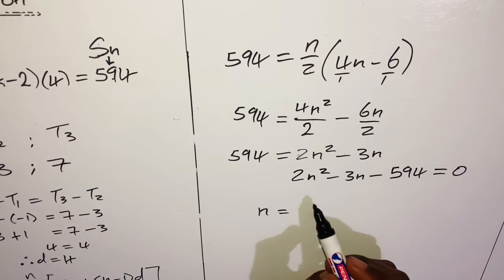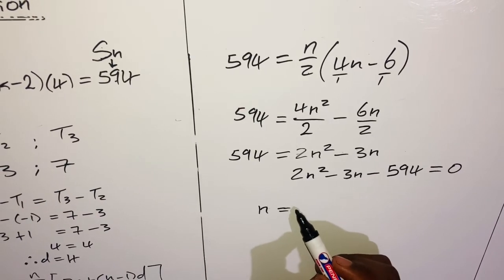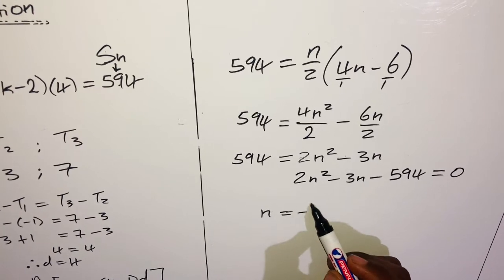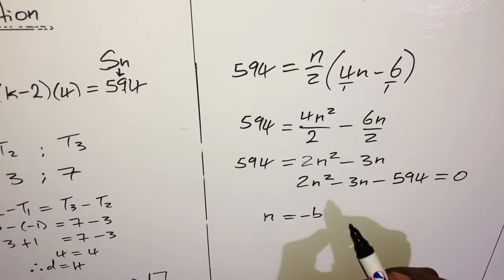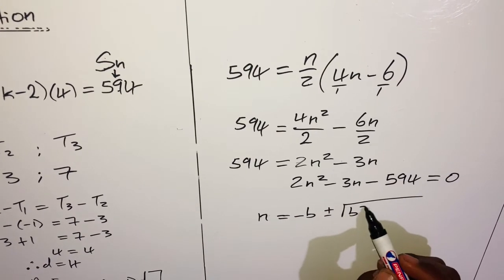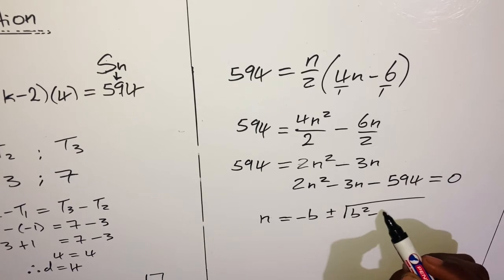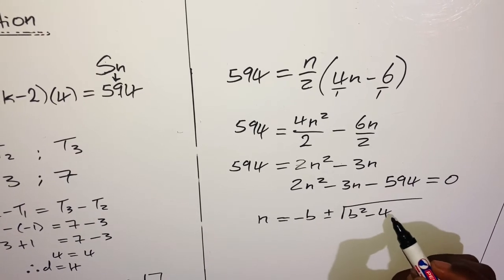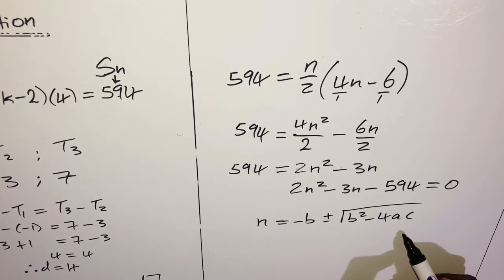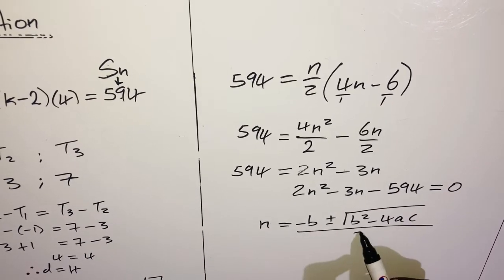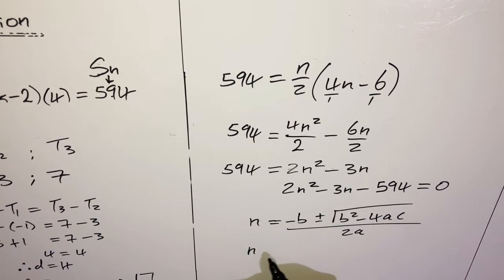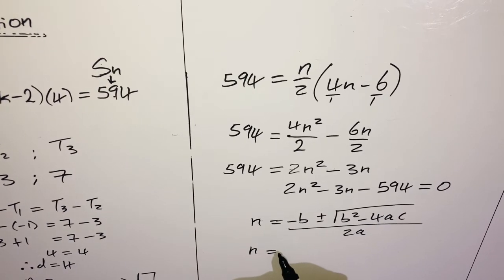To save time, you can use your quadratic formula, all over 2a, where we'll find our n.